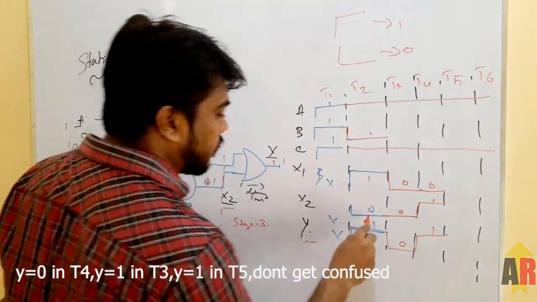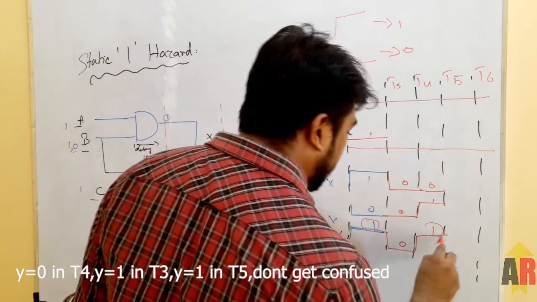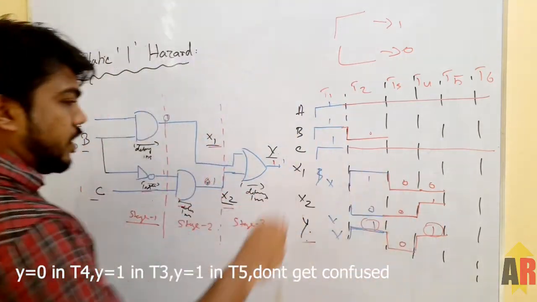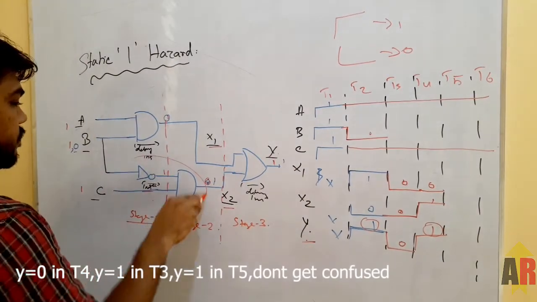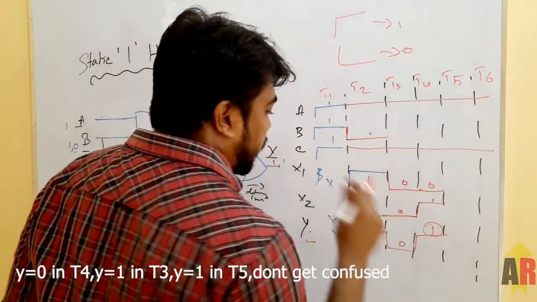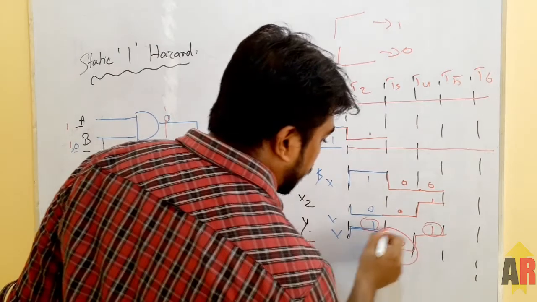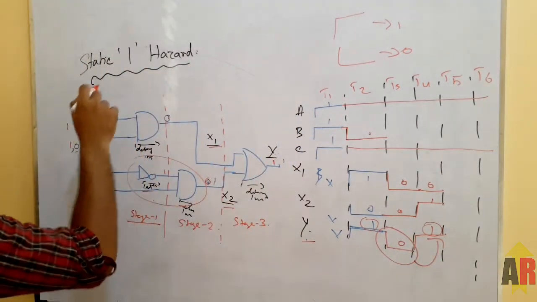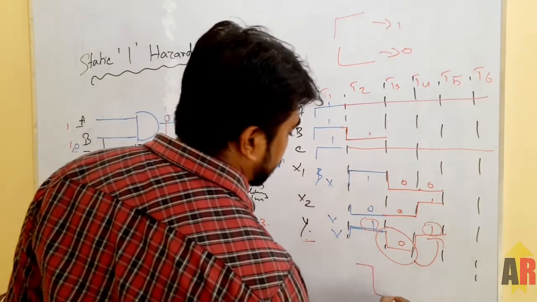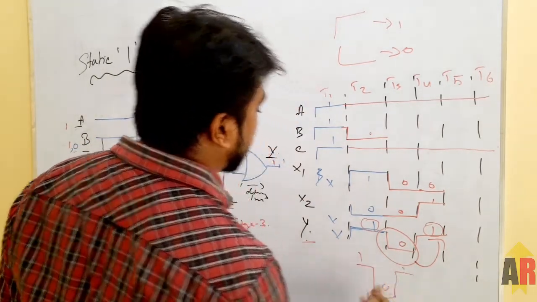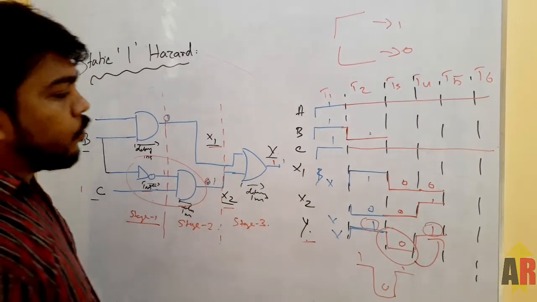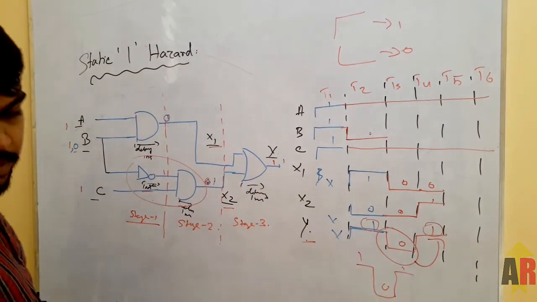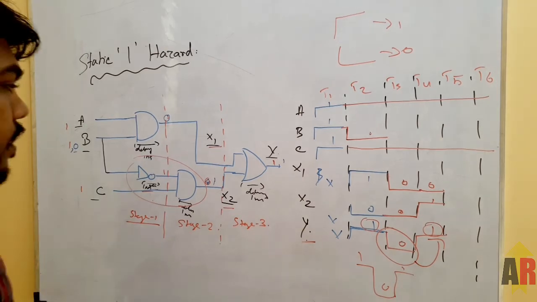So actually your output should always be 1, but due to the temporary change caused by this delay, your output temporarily goes to 0, then comes back to 1. This is what I said previously: 1 goes to 0, then back to 1. The same thing is happening. This is called a static 1 hazard. I think you got a very clear idea.